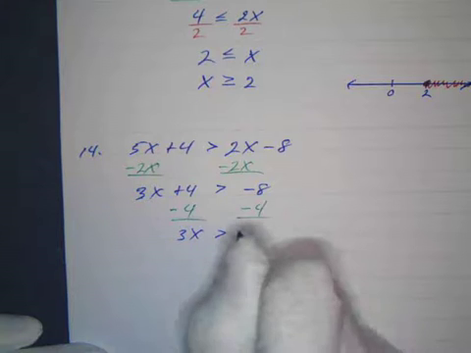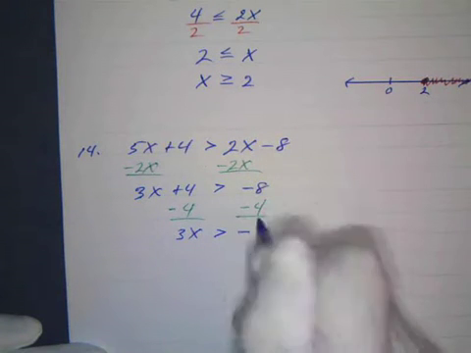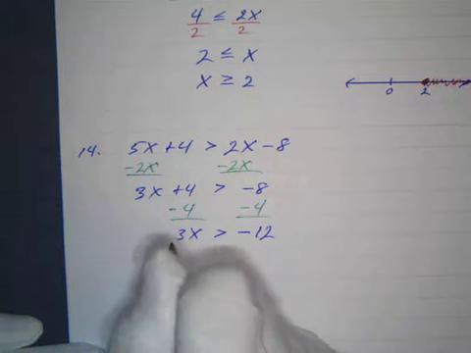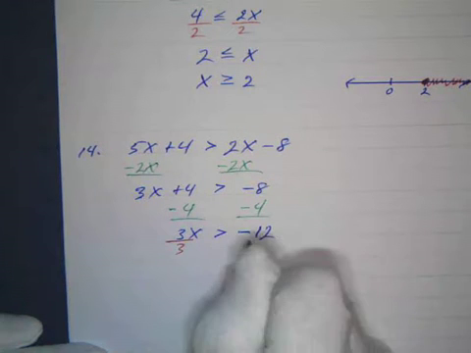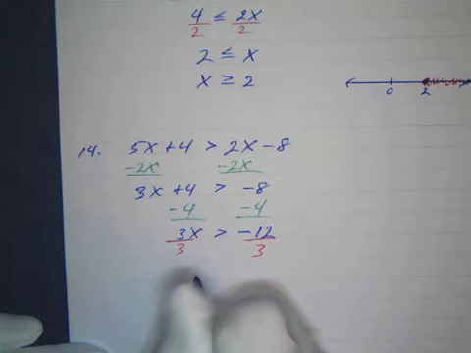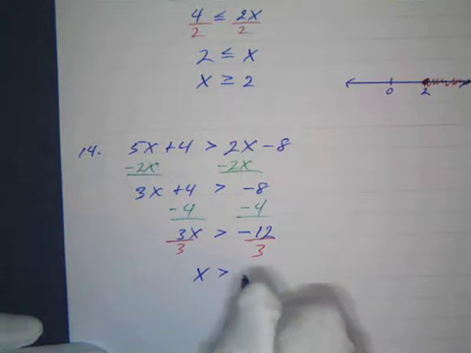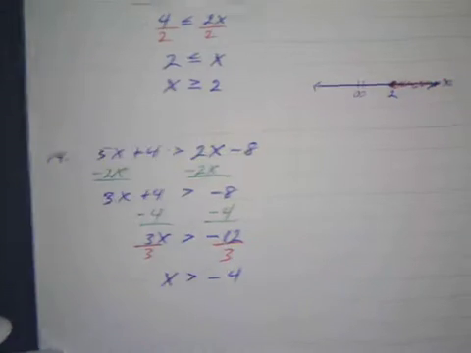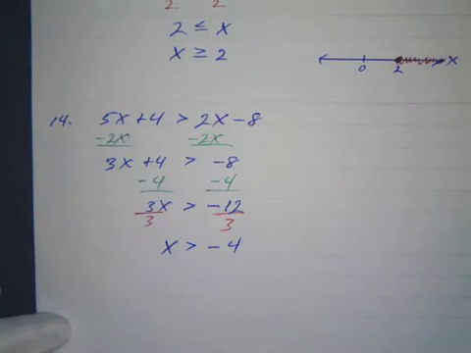And that's going to be greater than negative, and then 8 and 4 is 12, negative 12. Then I'll divide both sides by 3. And I've got x is greater than negative 4. So, no problem, just like an equation. All should be experts with equations right now.